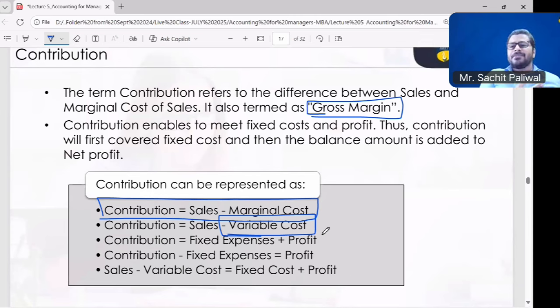So in marginal costing, the cost is calculated based on the variable expenses because the fixed cost is fixed. This is not going to change. Suppose your plant capacity is 1000 mobiles per day. Whether you manufacture 0, 1, 100, 500 or up to 1000 mobile phones, your plant cost will remain the same, fixed.